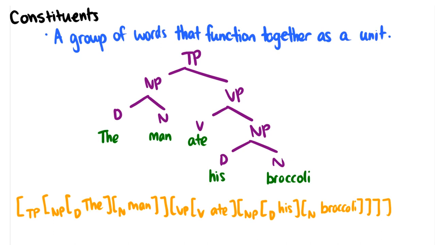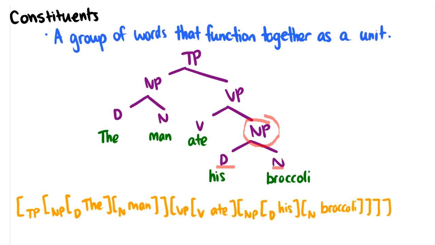If you look at the tree, you can identify the constituents by just picking a node and seeing what comes with it. If we pick this noun phrase, or NP, we have the determiner his and the noun broccoli. So that is a constituent.